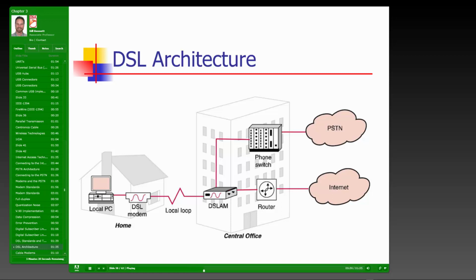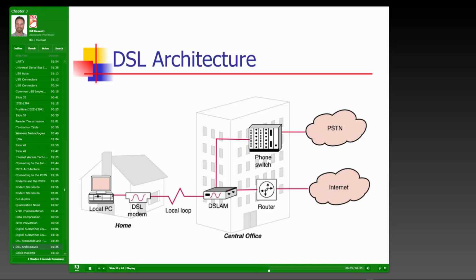The DSLAM is the equipment at the central office of the phone company, and the phone company will take the signal from the DSLAM and divide it into one path that is the data that comes in from the computer. It gets forwarded through a router out to the internet.